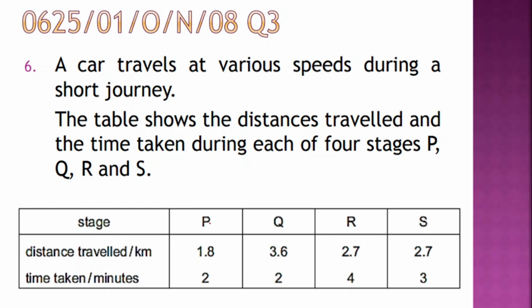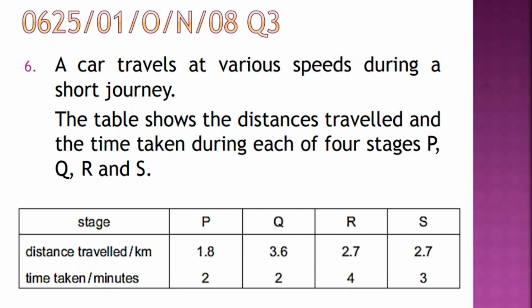For the stage P, the distance traveled is 1.8 and the time taken is 2. So the average speed at stage P is 0.9 kilometer per hour.